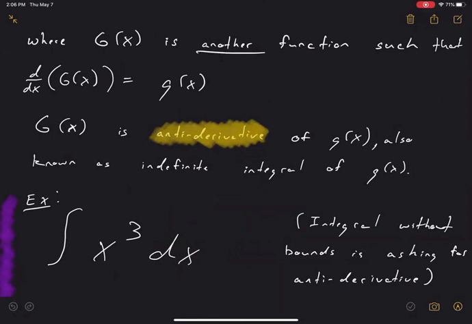So when I see the integral of x cubed dx, what this is really asking is for you to find the antiderivative, just the antiderivative. So our answer is going to be a function, not a number. Now instead of looking for an area, we're looking for the function whose derivative is going to be x cubed.